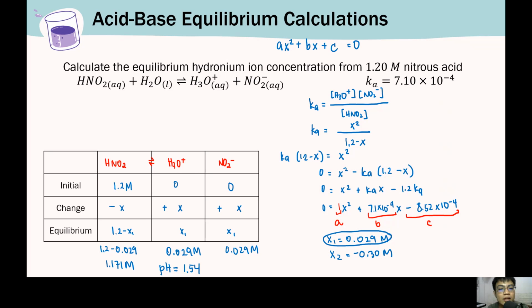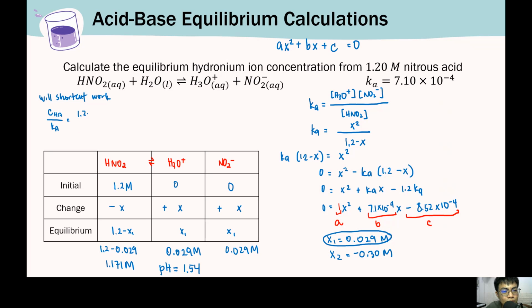Tignan natin. So, again, if you want to know if the shortcut will work, ano daw gawin natin? So, you need to divide the concentration of your acid, I abbreviate the acid as HA, and the Ka. Okay? So, divide natin sila. And let's see if that's greater than 1,000.